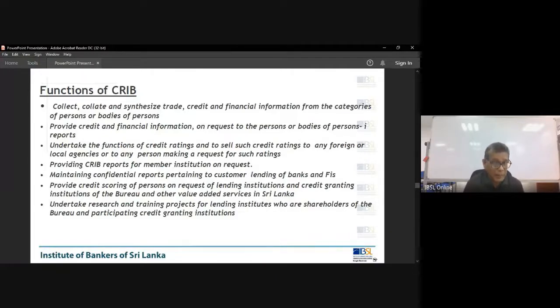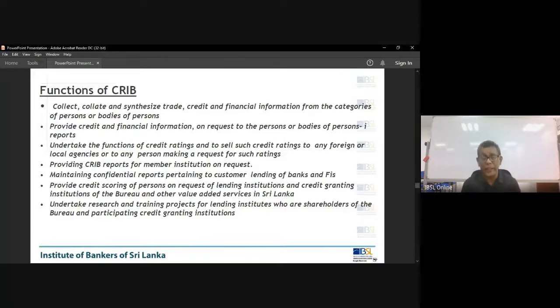Individually, people can obtain them. The banks are involved in these credit ratings before they grant the loans, and sometimes the CRIB also carries out some research. There are a lot of functions carried out by CRIB.